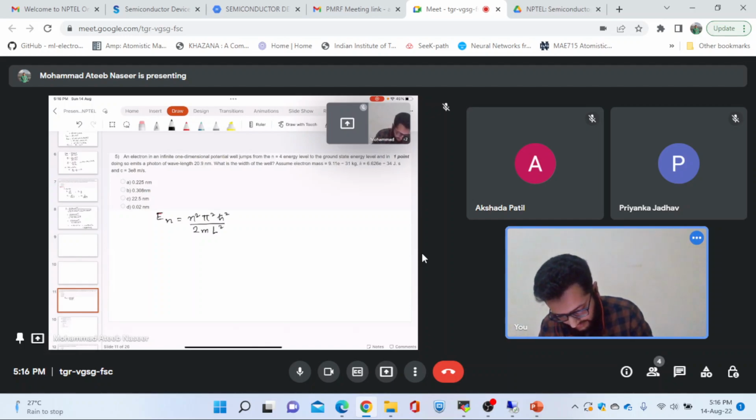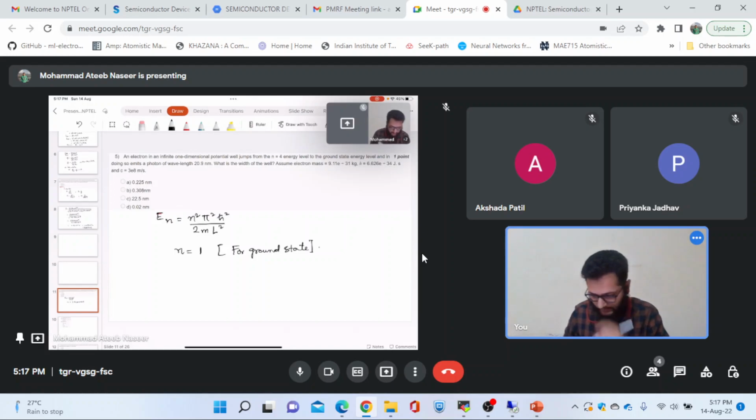We are given that n is equal to 4, and for another n, we are required to find the ground state energy. And we know in here, for ground state energy, n is equal to 1, because n equal to 0 will give the wave function to be 0. That's what we had seen in the lectures as well. The ground state energy will correspond to n equal to 1.